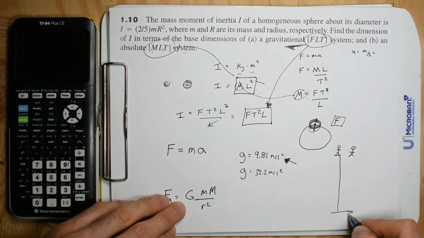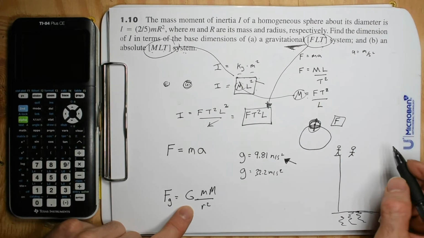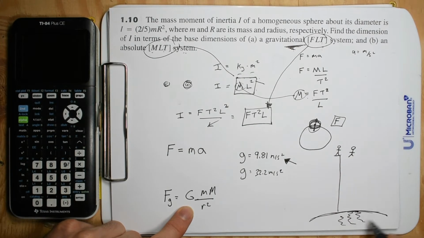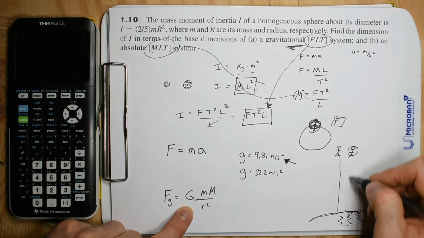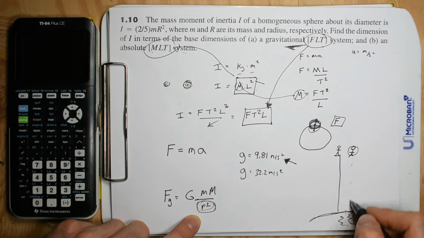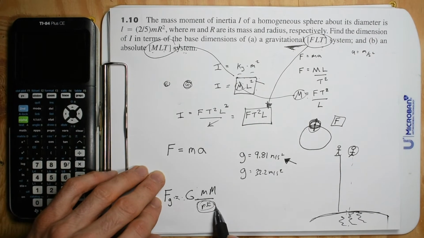Maybe there's a pool of water and it's not so devastating. But anyway, you have this Earth, and this Earth has a ton of mass, and you have mass, and there's going to be this attraction between you that's dependent on your distance. So as you get closer to the Earth, this changes.